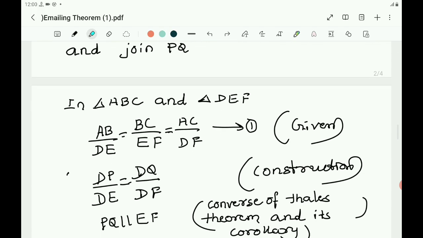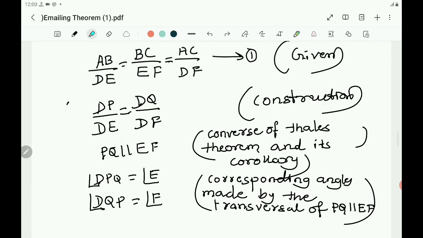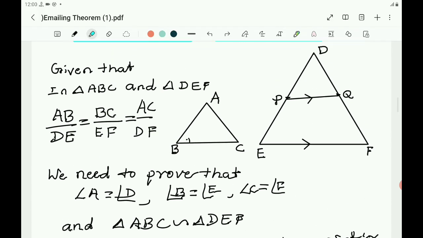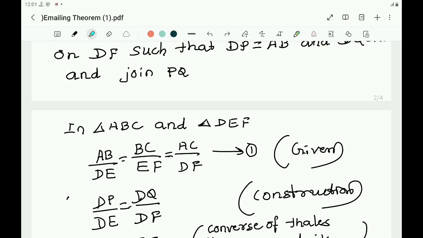Here we got PQ parallel to EF. By using that, you can say that DP by DE is equals to PQ by EF is equals to DQ by DF.